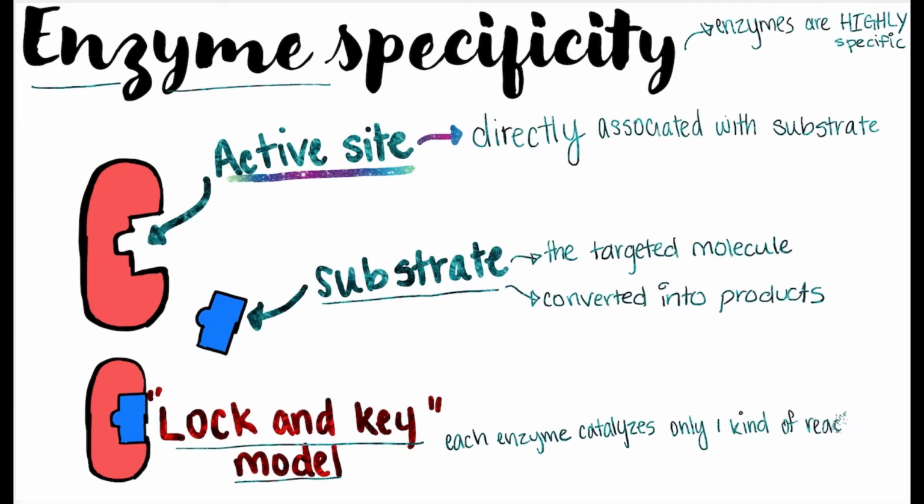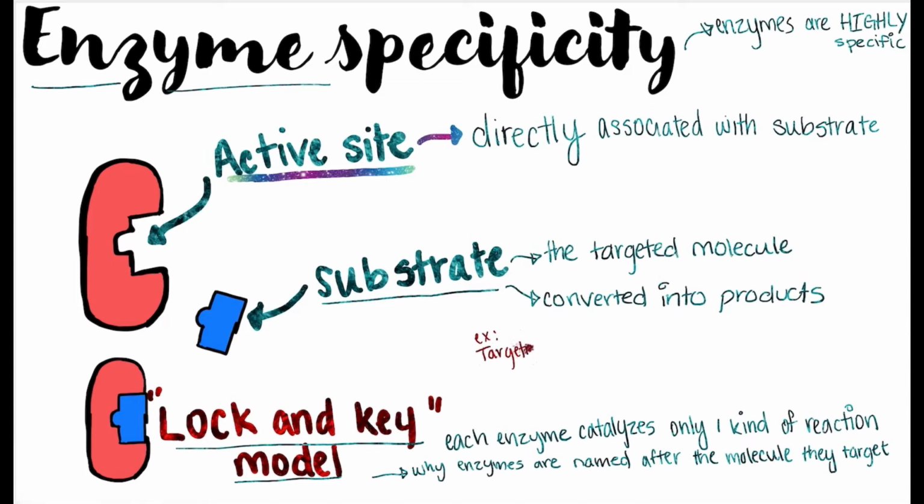Just like one key fits a specific lock, specific substrates fit specific enzymes. So they are highly specific. This enzyme cannot catalyze a different molecule. They are only targeting the molecules that fit them.